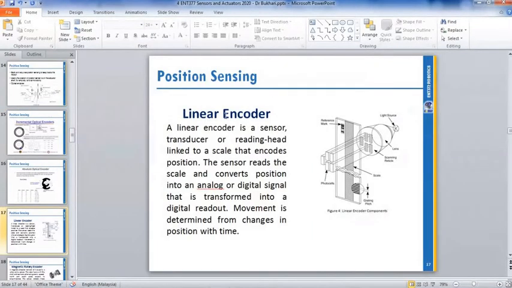So this one is a linear encoder. Normally you can see this in your printer. In your printer, they use a linear encoder, because when you print, your ink cartridge will move left and right.